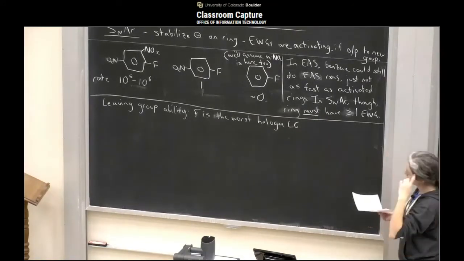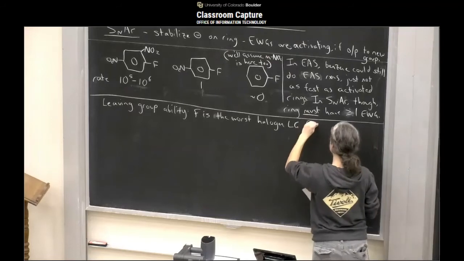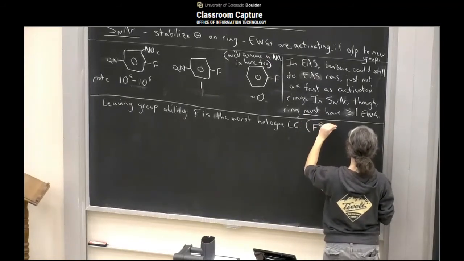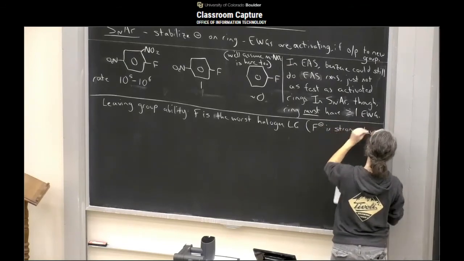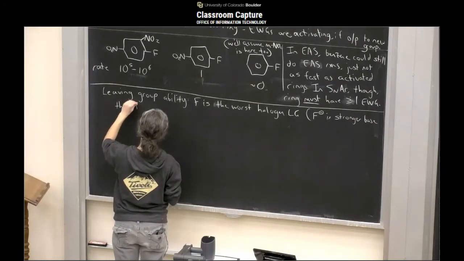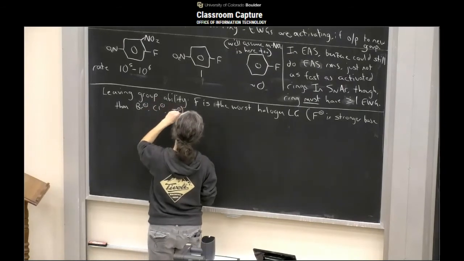That's because even though it is nice and electronegative, it's not as big as the other halogens, and so when you kick out F minus, it's a stronger base than any of the others, Br minus, Cl minus, or I minus.